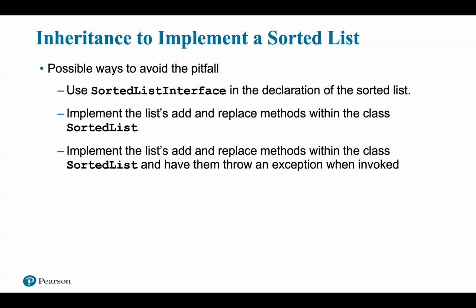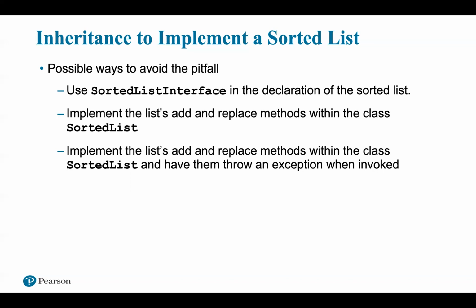Notice that the list operations add and replace do not appear in SortedListInterface. Although using SortedListInterface in this way can be a good programming practice, that is all it is. A client need only ignore this practice and define the data type of the list as SortedList to have all operations of the ADT list available to it.